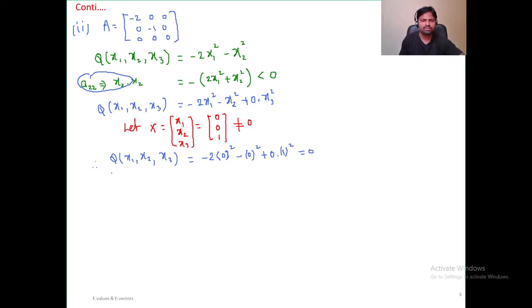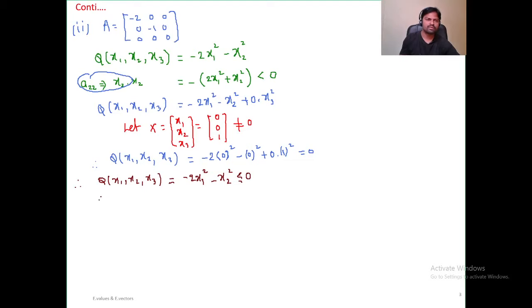So the overall comment is, the given quadratic form Q of x1, x2 and x3, which is nothing but minus 2x1 square minus x2 square, is less than or equal to 0.